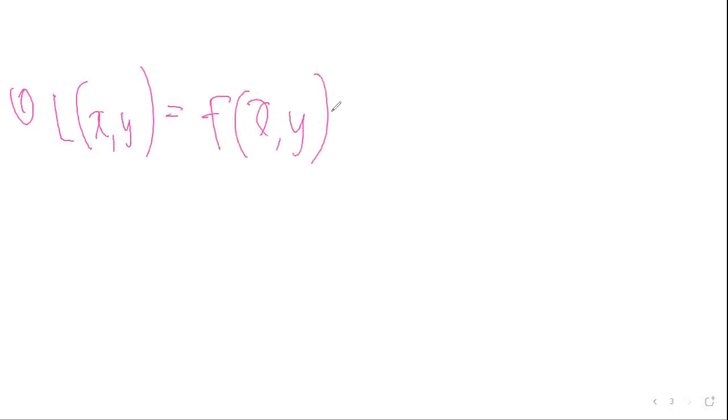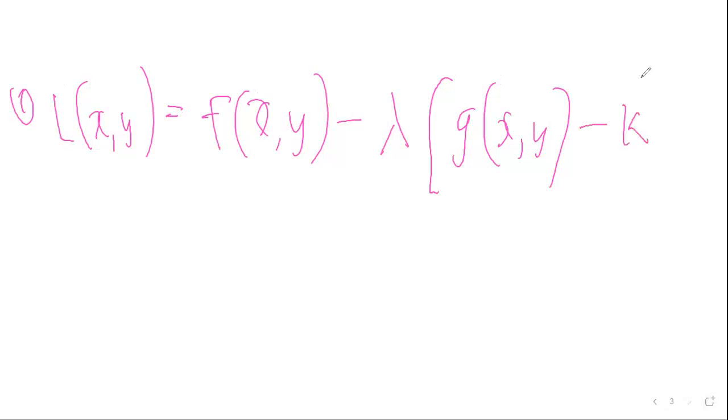The first procedure, number one, form a composite function, otherwise known as the Lagrange function, which is as follows: L(x, y) is equal to f(x, y) minus lambda times g(x, y) minus the constant.